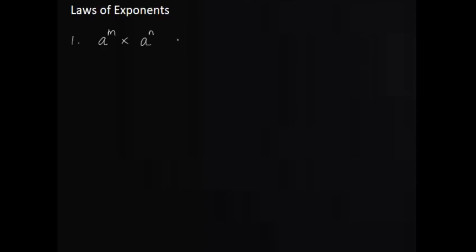Our law says if we have a product, that is multiplication of 2 exponential terms, whereby each term has the same base. Here our base is a and the second term has the base a. What we can do, we can write down the product of 2 expressions with the same base as one expression, whereby the exponents m and n are added together.